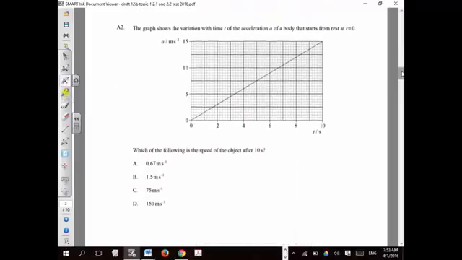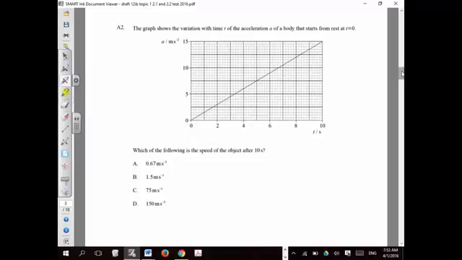For the second one, the graph shows the variation with time, t, of the acceleration a of a body that starts from rest at t equals 0. So this is a situation where the acceleration increases, which is kind of an unusual situation. However, in an acceleration time graph, we can work out what the final speed is by just determining the area under the graph, because it tells us kind of for how long.